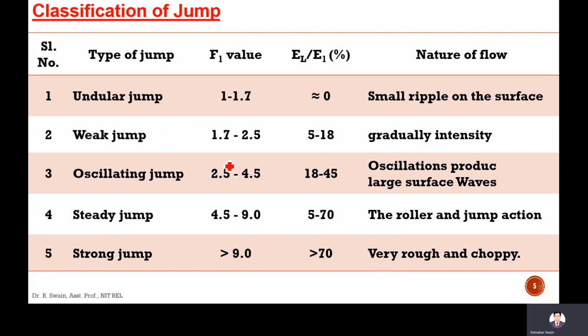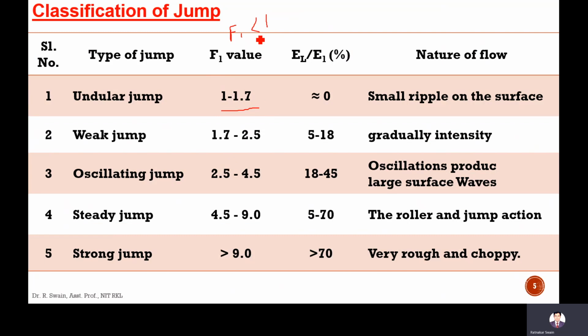Next is the classification of jump. There are different types of jump according to the F1 value, meaning the Froude number before the jump. If the Froude number F1 is less than 1, then there cannot be a hydraulic jump, because F less than 1 means subcritical flow.